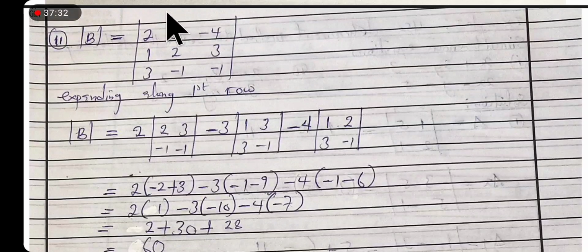The first row is cancelled, the second column is cancelled. You are left with 1, 3, 3 and minus 1. Then minus 4. Why is it minus 4 instead of plus 4? Remember that this place is A13, because first row, third column.